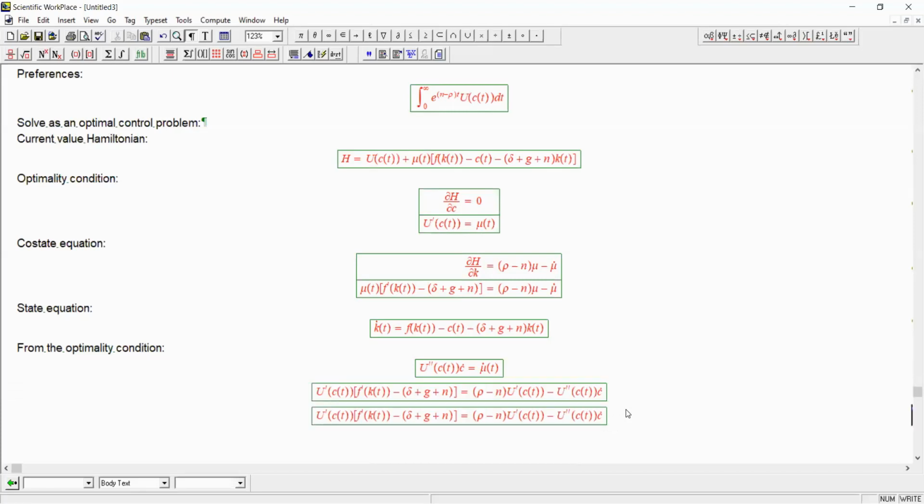Now let's put this in a slightly more useful form by dividing both sides by u prime. So we divide both sides by u prime. This cancels to become 1. This cancels to become 1. And notice that this n cancels with this n, rather than minus n. And you subtract rho from both sides.